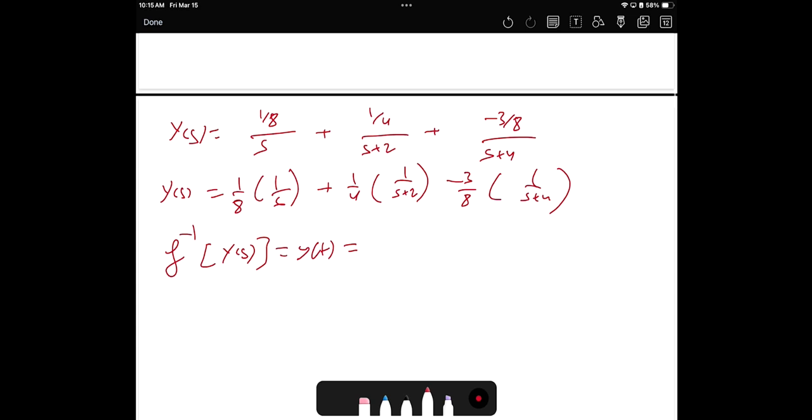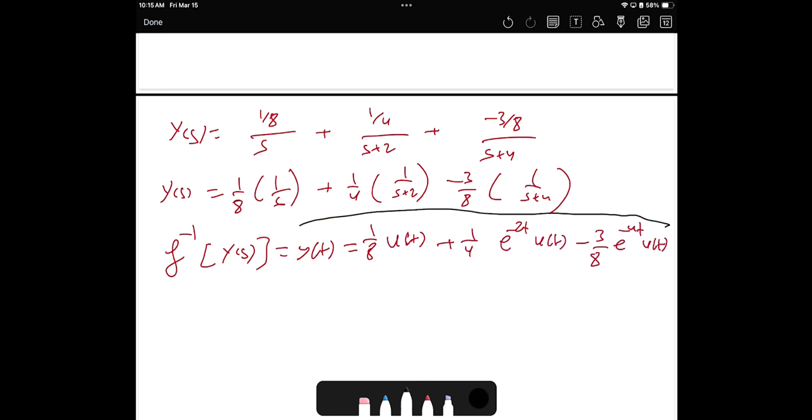It's going to be 1 over 8 u(t), because 1 over s is u(t), plus 1 over 4 e to the power negative 2t u(t), minus 3 over 8 e to the power negative 4t u(t). And that's your final answer. And this is the answer of this second order ordinary differential equation.